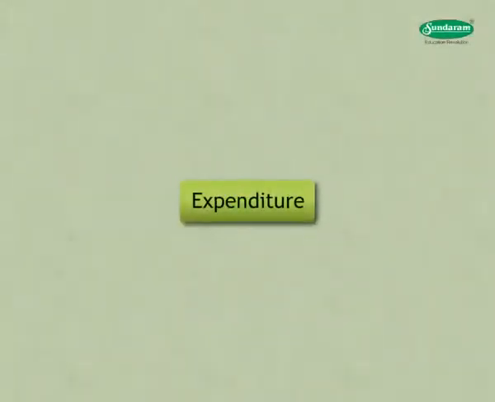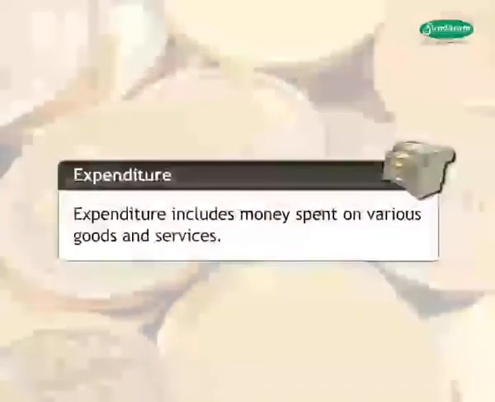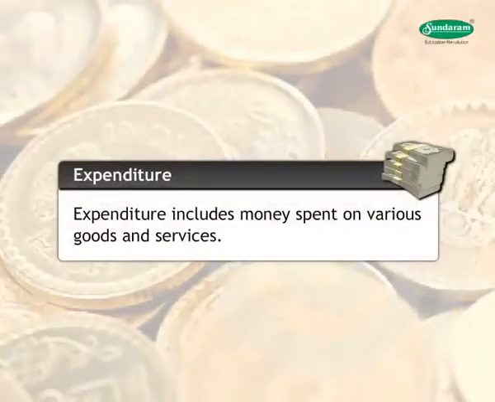B. Expenditure. Expenditure includes money spent on various goods and services.